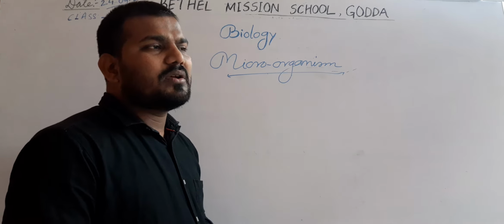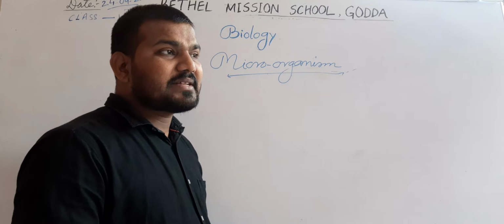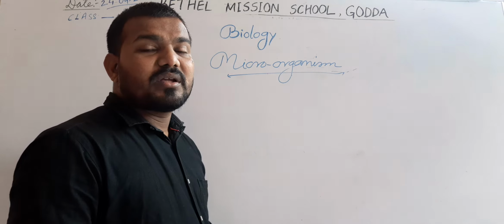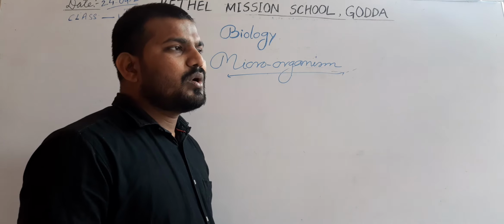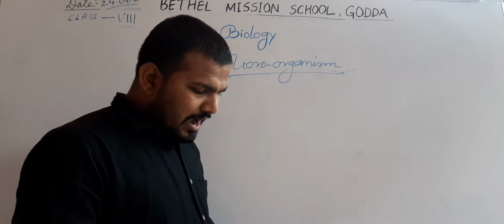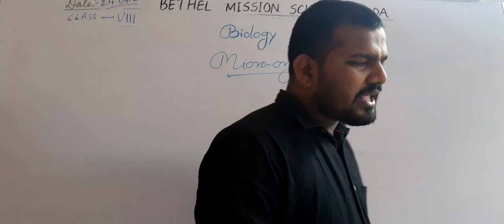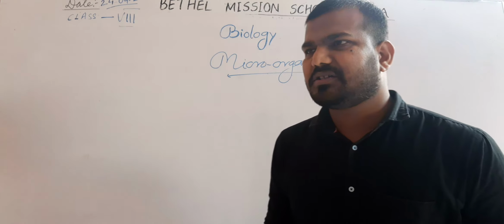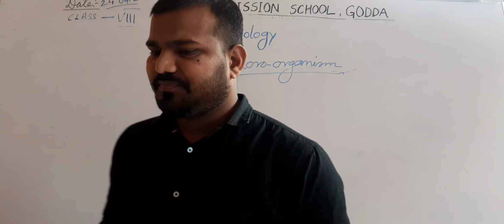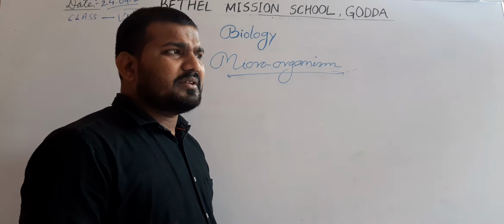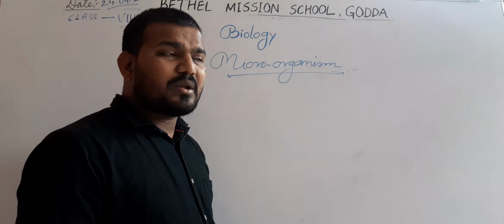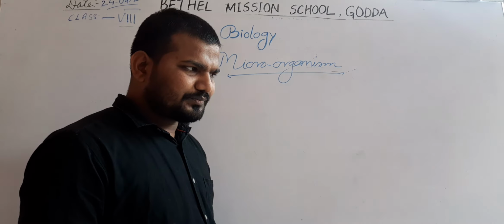The third one: microorganisms can stay single or they can form a colony. Fourth one: microorganisms can be found in every environmental or climatic condition. They can be present in the winter region or the summer region, and also in air, water or soil.